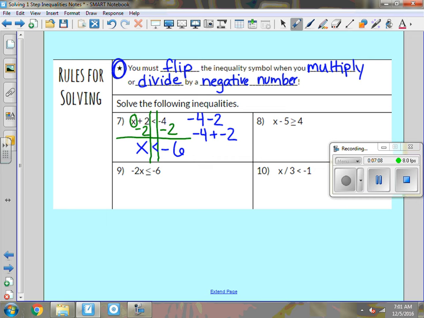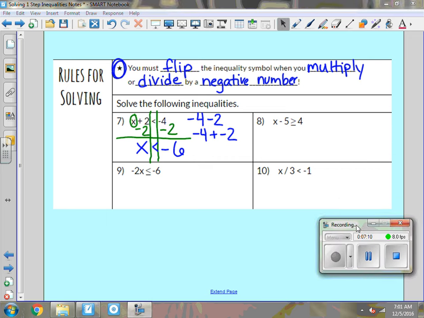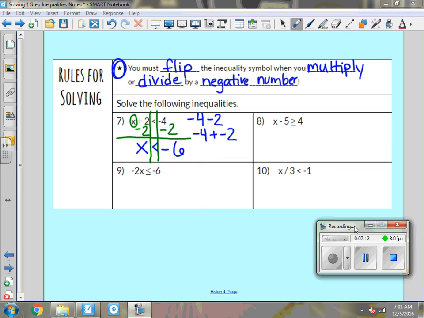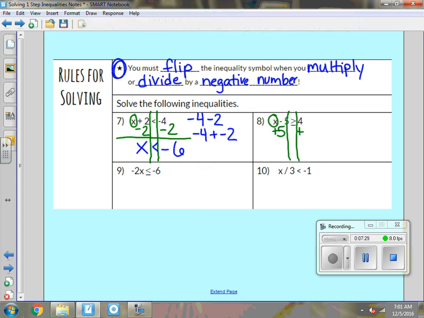Let's take a look at number 8. On number 8, I want to draw my railroads, figure out what I want to keep. I want to keep that variable, and now I'm trying to get rid of the extra numbers. Well, I only have one number to get rid of here. I'm subtracting that 5, so I'm going to do the opposite and add 5 to both sides.